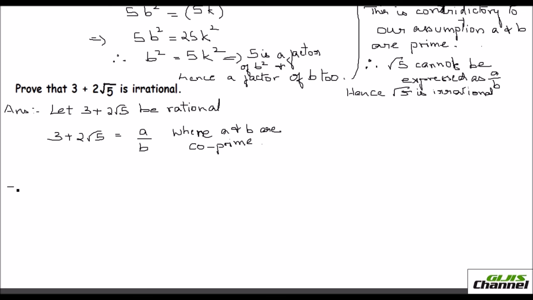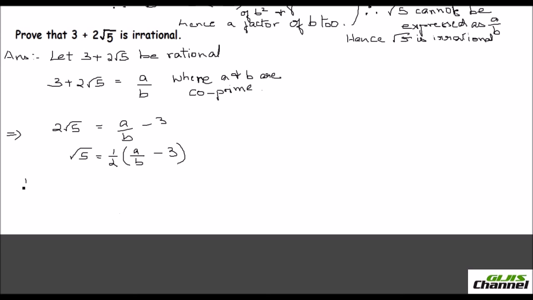From this, what can I derive? I can take the 3 to the other side, right? So I subtract 3 from both sides. So I get 2 root 5 equals a over b minus 3, and dividing throughout by 2, I get root 5 is equal to 1 over 2 times a over b minus 3.